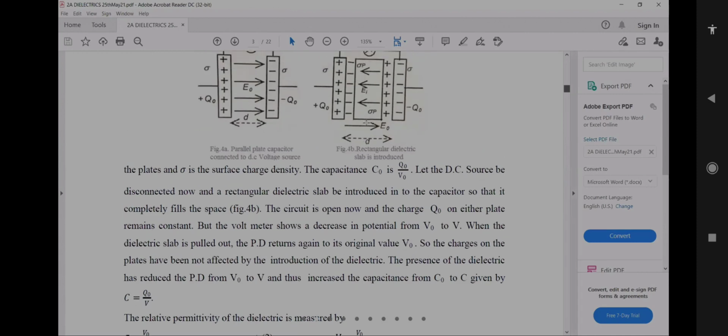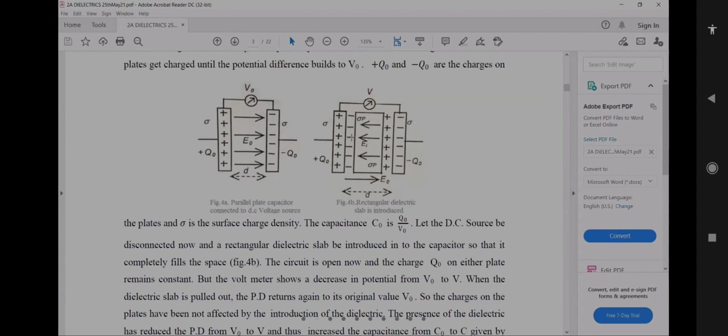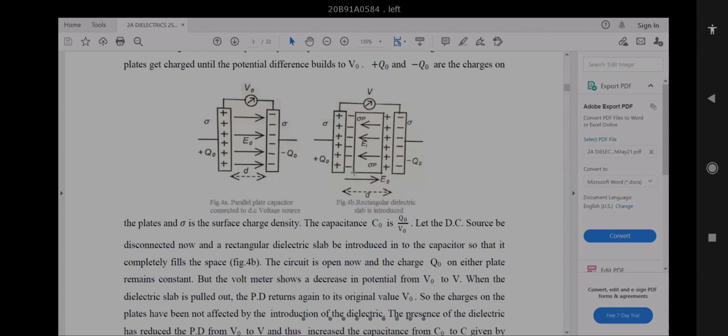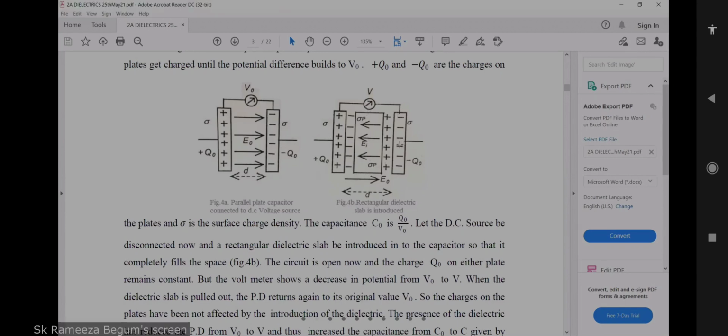So what happens in such a parallel plate capacitor? A dielectric is introduced between the capacitor plates. Here a dielectric slab or dielectric material is placed in between. Therefore, due to the application of the external electric field, the charges get separated.